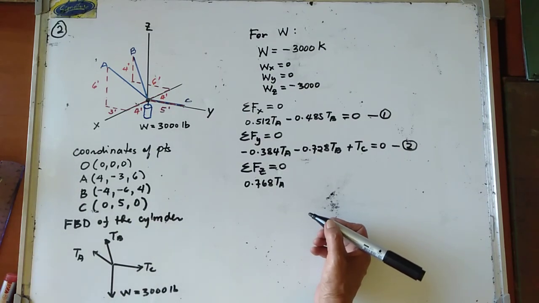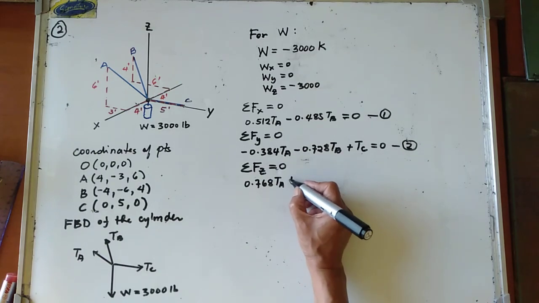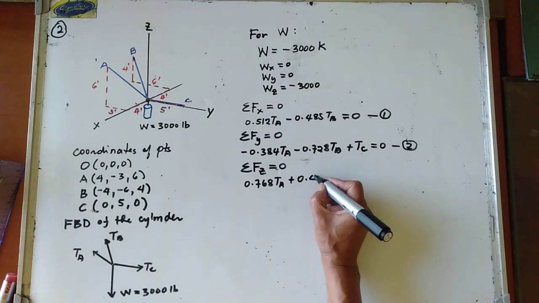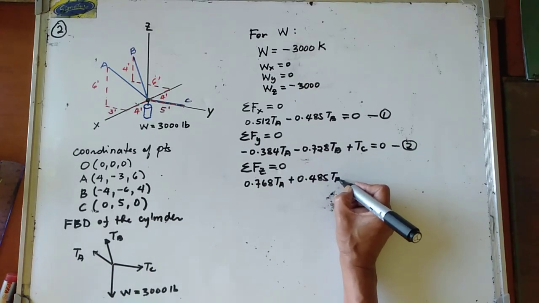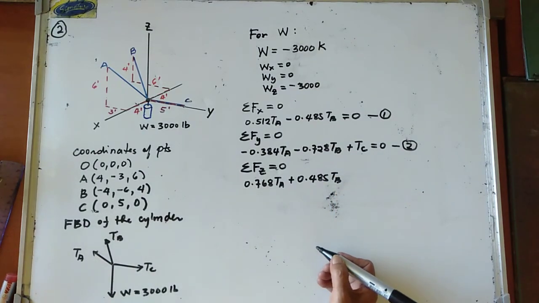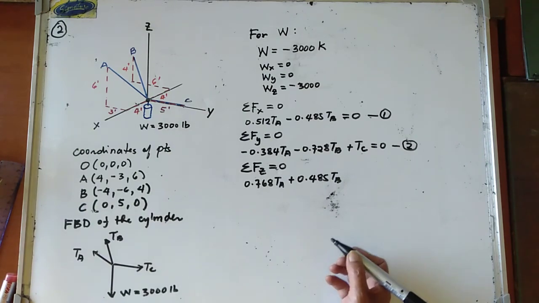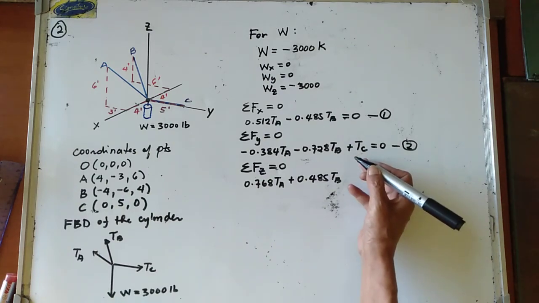Your T sub BZ is positive 0.485 T sub B. And your TCZ is equal to 0.